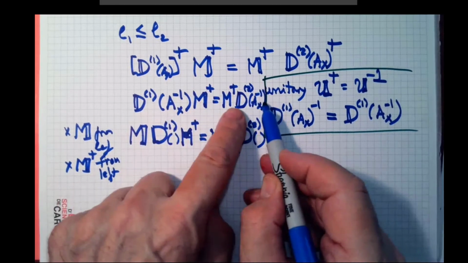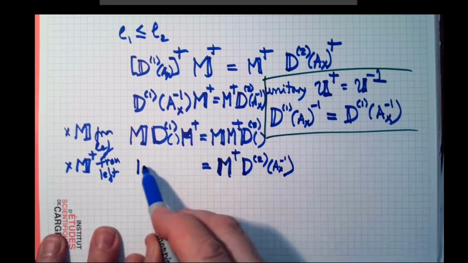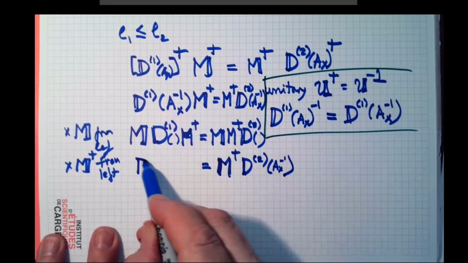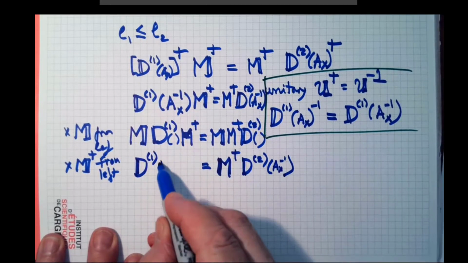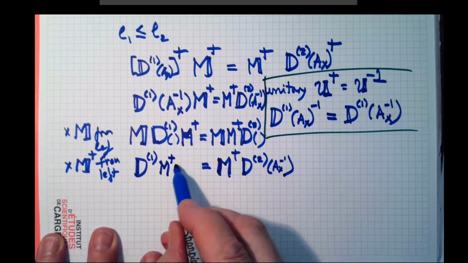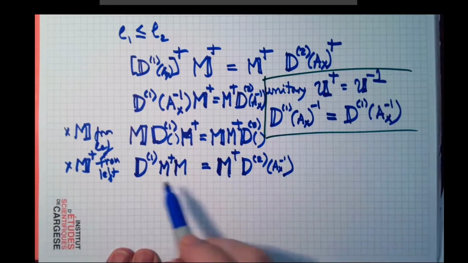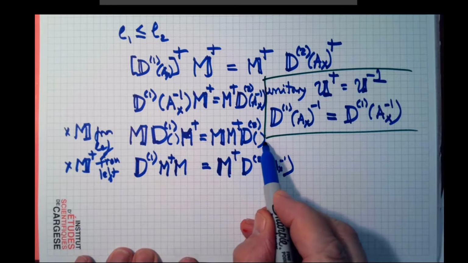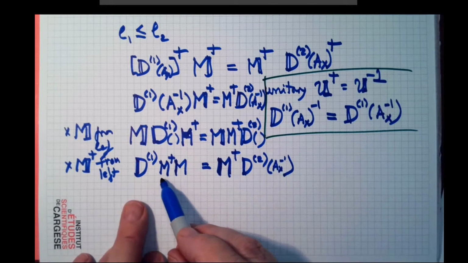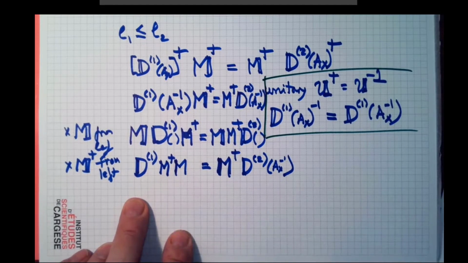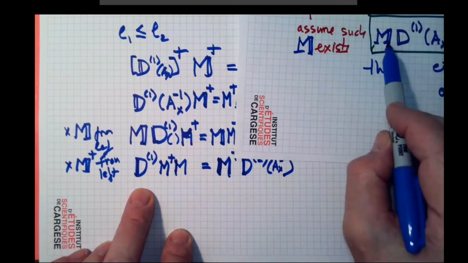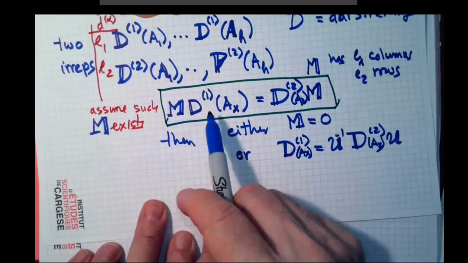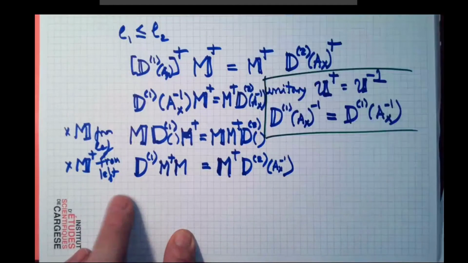So multiplying the original thing from the other side, D2, this guy, I'm sorry, D1, it's obviously the same elements. M Hermitian times M. So this part is obvious, but if I multiply from the other side, I had this relation which says I can replace M times D1 times D2, M on the other side.